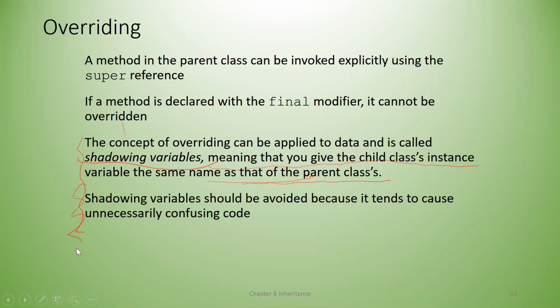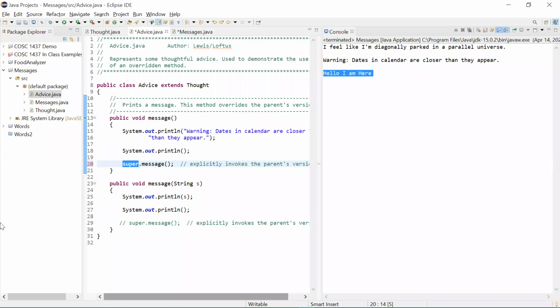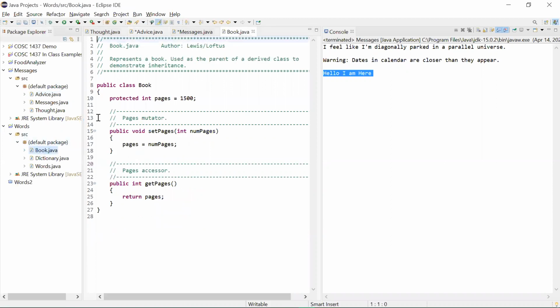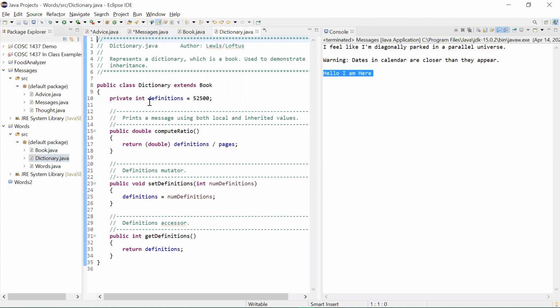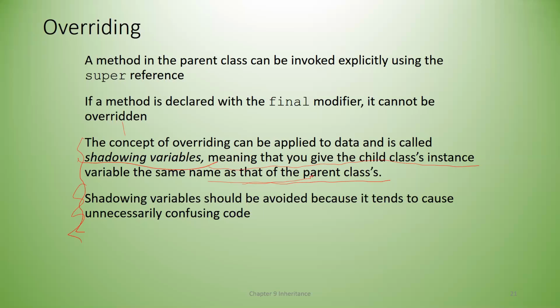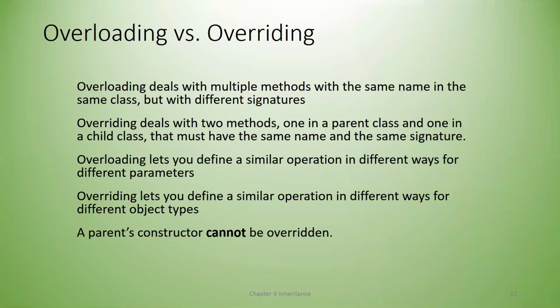So that means you have a variable here in the parent class. In book, you have pages. And then in dictionary, you have a variable called pages also. That's called shadowing, which is absolutely not encouraged. So we will not talk about that. Overloading versus overriding, I will let you read this. I discussed it just now.